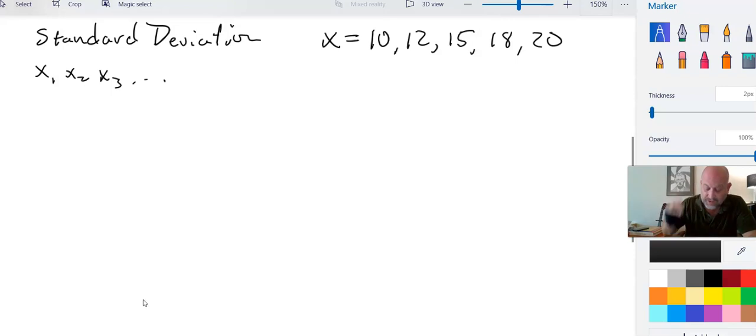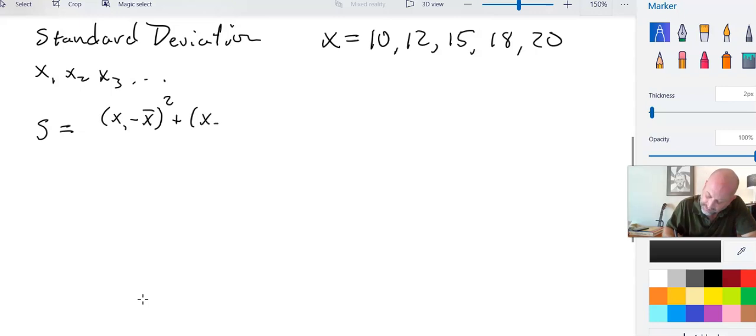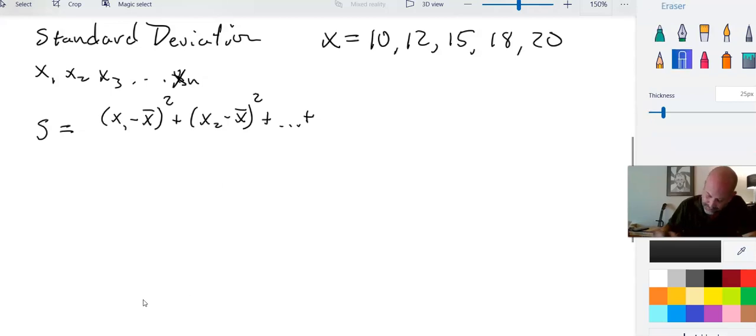So in general, when we want to find the standard deviation, S, this is how the formula works. We are going to add up the squares of the differences between each individual data value and the mean, and this will go all the way up to xn.